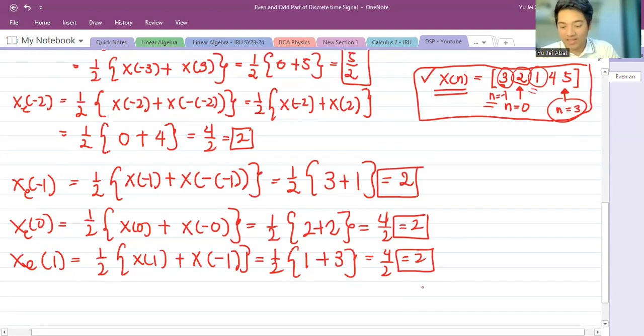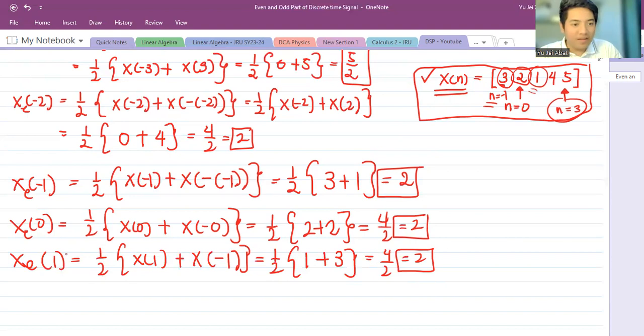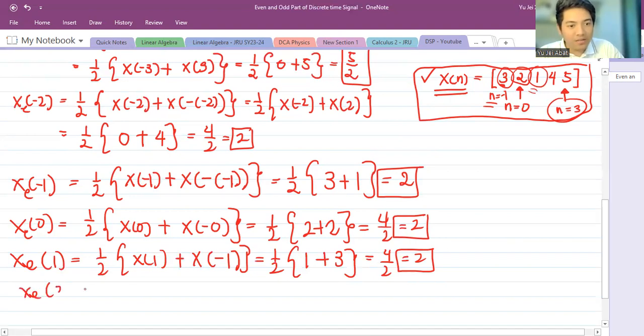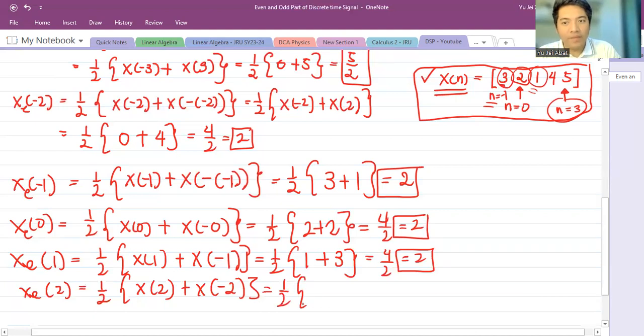But that is not necessarily the case. And for the second to the last, we have x_e of 2. So we have 1/2 [x of 2 plus x of the negative of 2] because of the negative n. So we negate that 2. x of 2 would be 4, and for negative 2, there's no negative 2 here, so we have 0 as the amplitude. So still, the answer is 2.